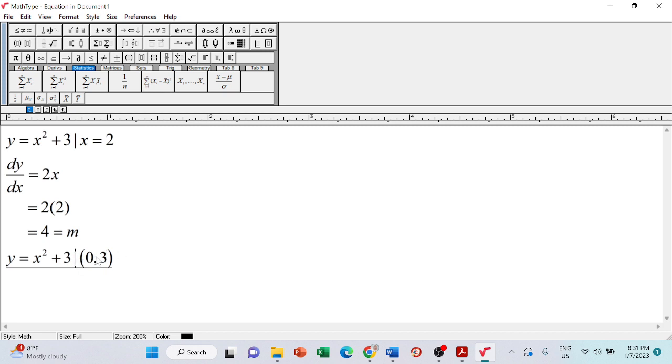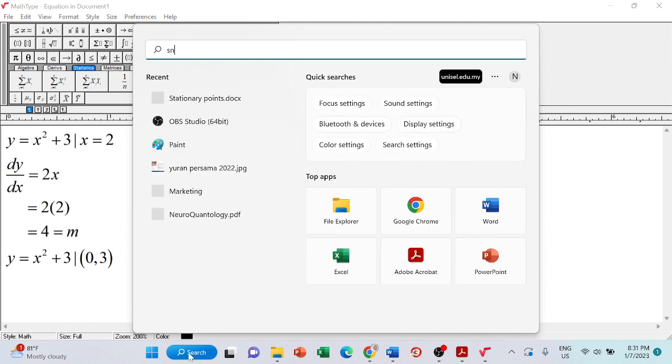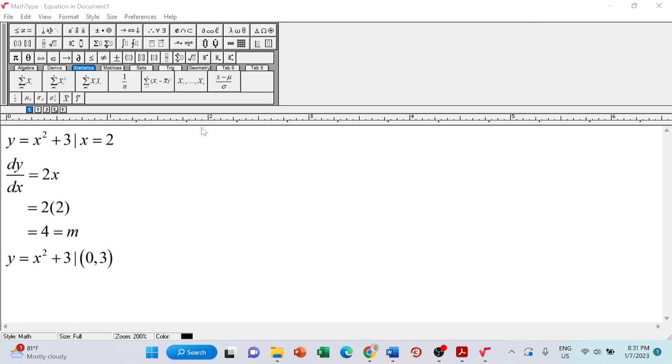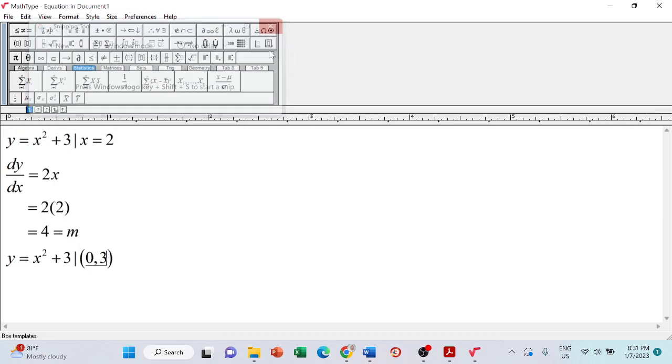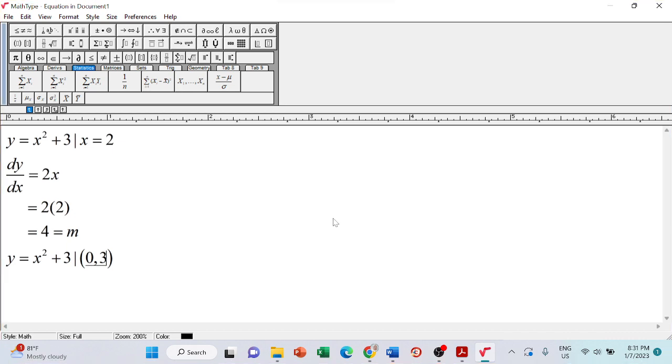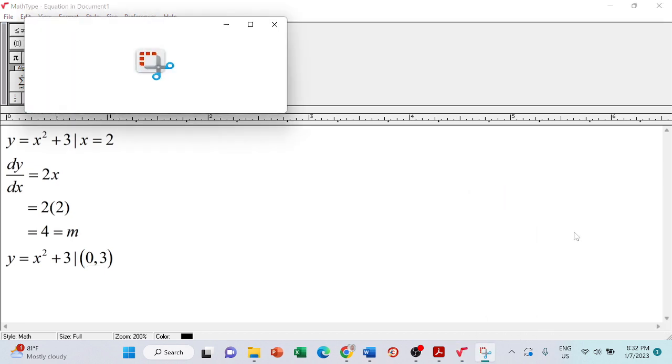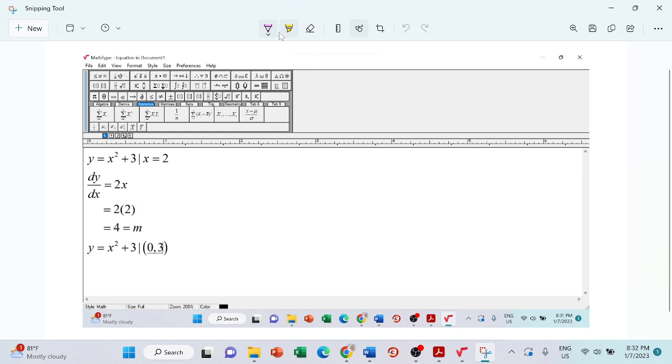Okay, so that means this is one of the intersection point dekat the curve, x kosong y 3. Something like this one, melengkung upward smiley.